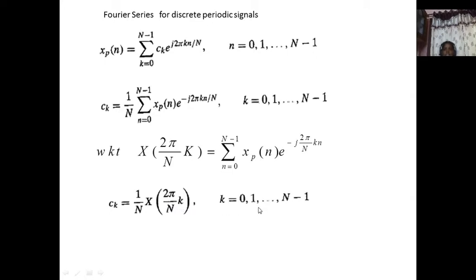So we have established a relation between the Fourier series coefficients and the discrete spectral representation. ck is the Fourier series coefficient, and 1 by N X of 2 pi by N into k is the discrete spectrum.